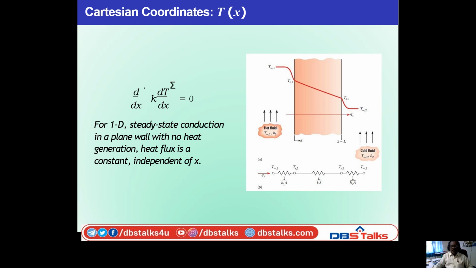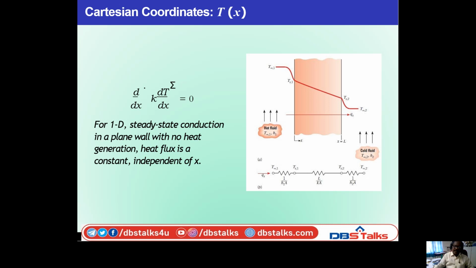Between T1 infinity and TS1, due to convection heat transfer, there will be some resistance against heat transfer.